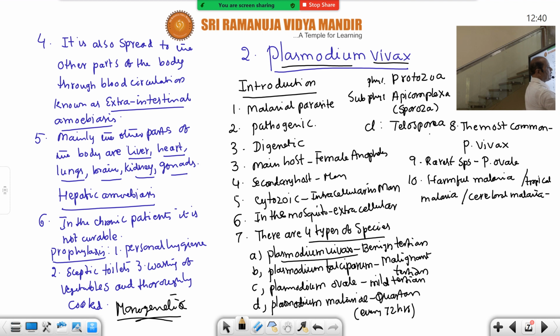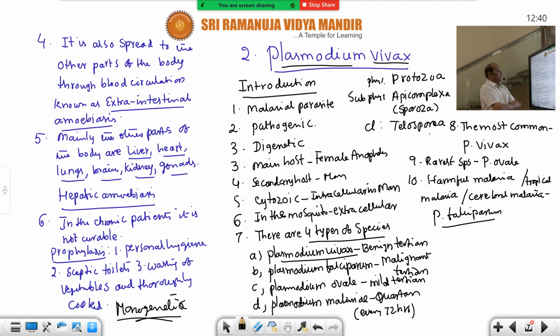These names are for malaria caused by Plasmodium falciparum. Malignant tertian malaria is very dangerous. It leads to death also. It is lethal to man. Lethal means life-ending. So these are the introductory points.